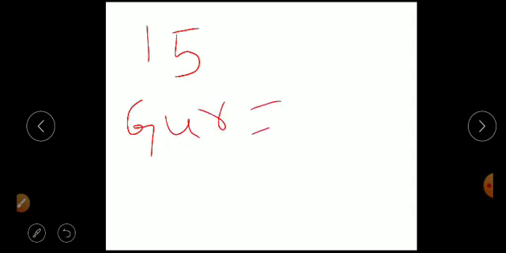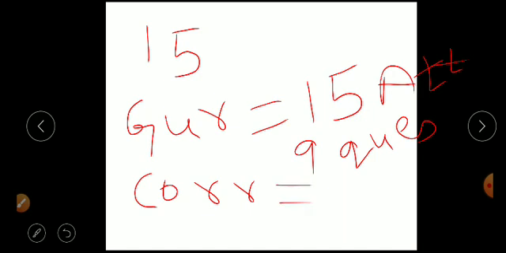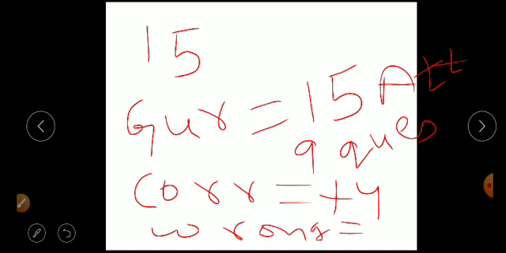There are a total of 15 questions. Gurpreet attempts all questions but only 9 are correct, and for correct there will be plus 4 marks and for wrong there will be minus 2 marks.